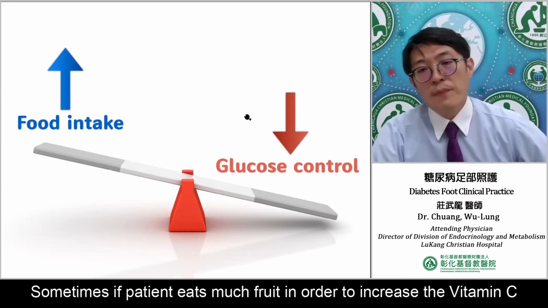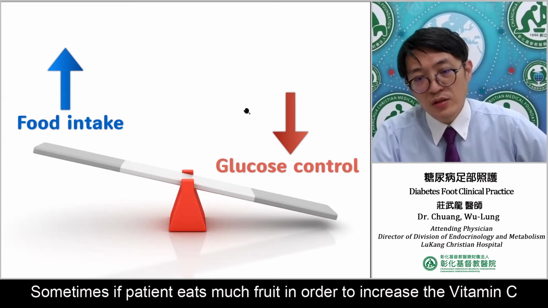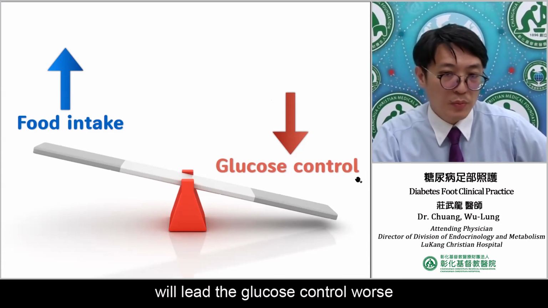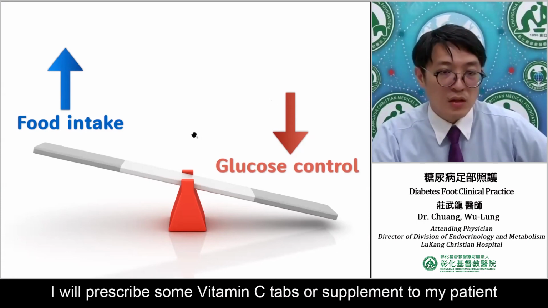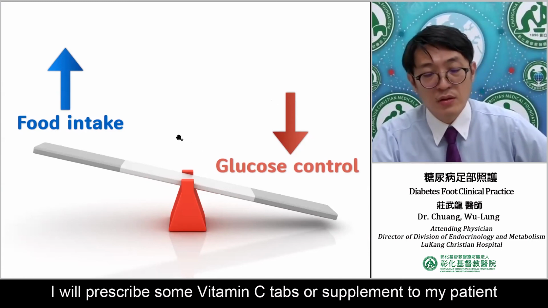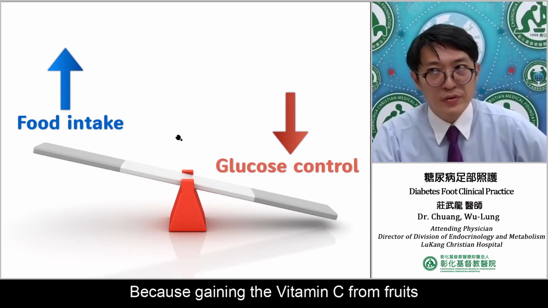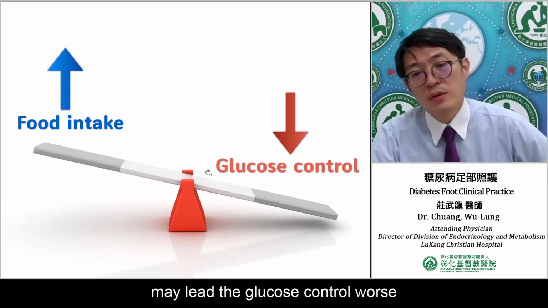Sometimes if you eat too much fruit in order to increase vitamin C, it will make glucose control worse. In this situation, maybe I will prescribe some vitamin C tablets or supplement to the patient, because trying to get adequate vitamin C from fruits may make the glucose control worse.